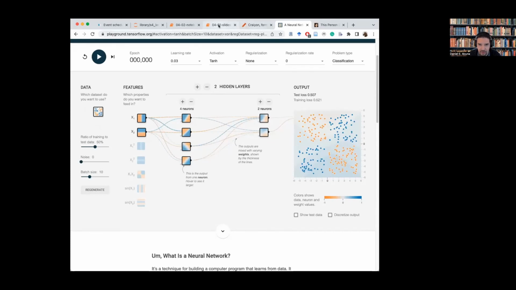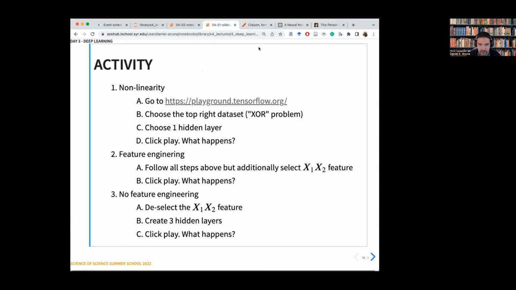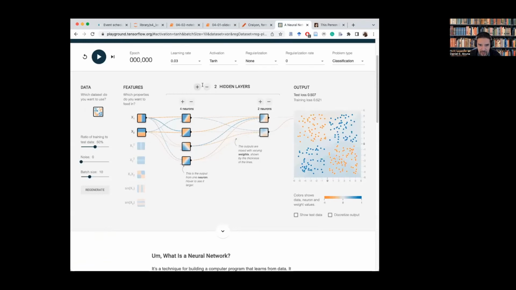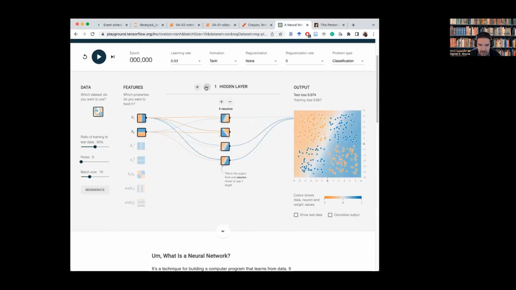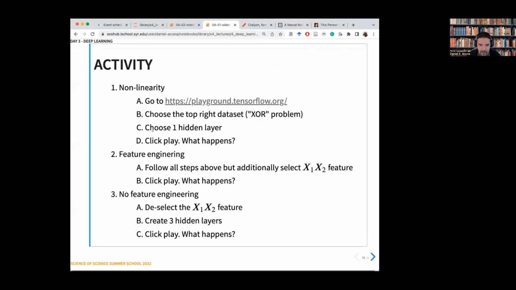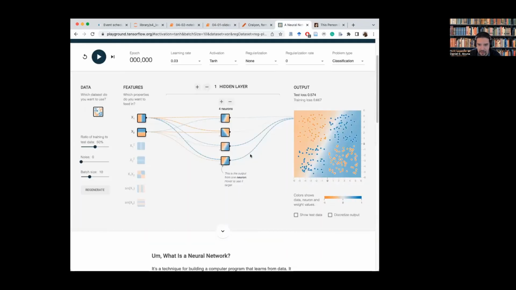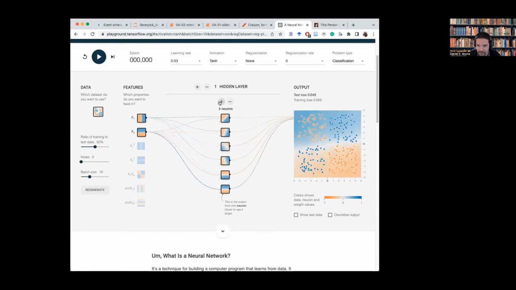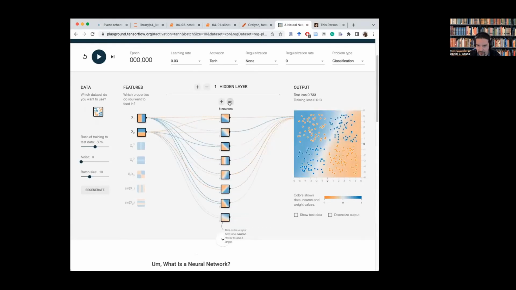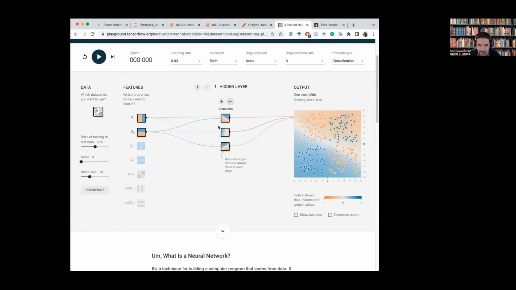So I'm going to select just one layer. Here you can choose how many layers, so I'm going to decrease it to one layer, and it doesn't matter how many neurons I choose, I believe. I don't think it matters. Okay, but if I click play, the neural network will run and try to learn from this. Oh, it does matter. Okay, so I'm going to use one neuron then.